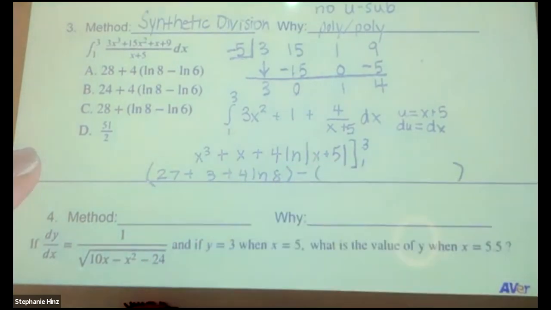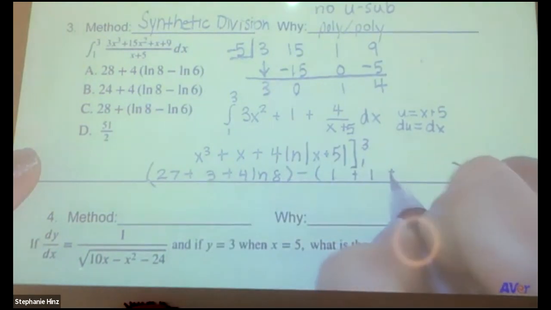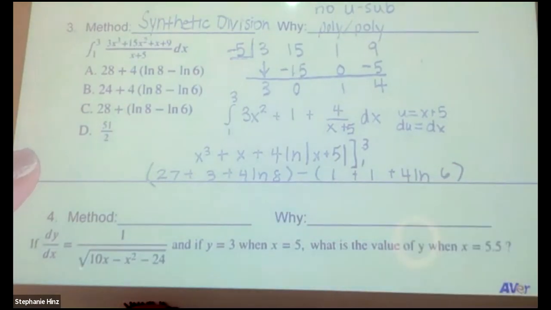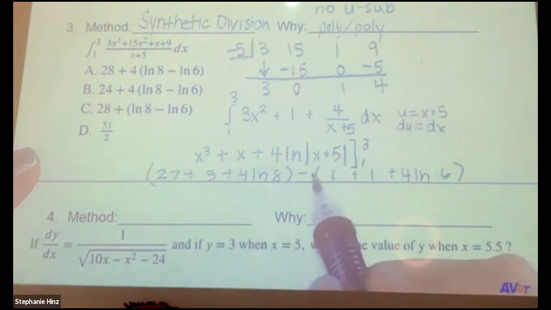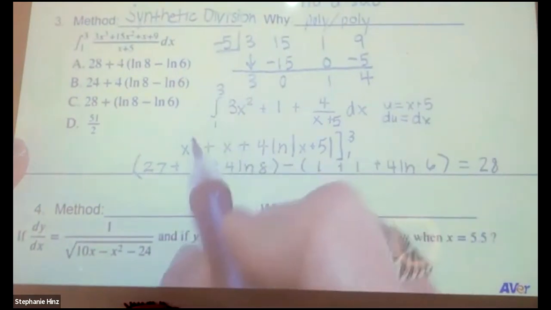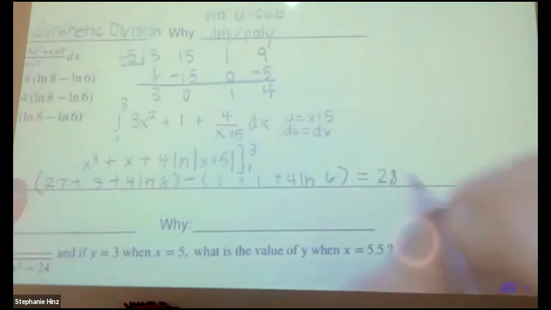I plugged in that 3. Then I'm subtracting. Make sure you have that parentheses there. 1 plus 1 plus 4 times the natural log of 6. And this is 30. This is 2. So 30 minus 2 is 28. And this is 4 natural log of 8 minus 4 natural log of 6.